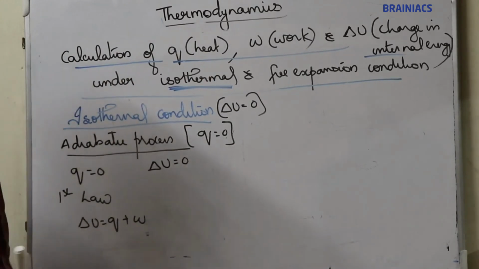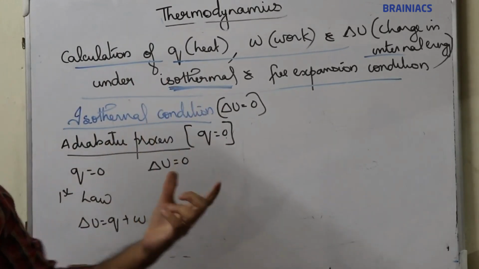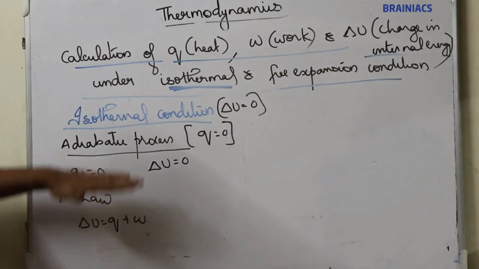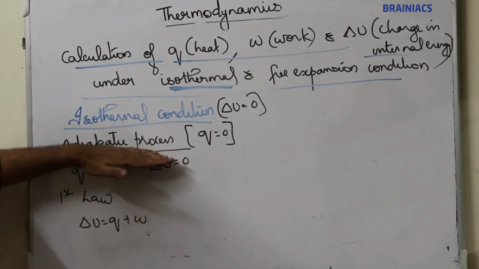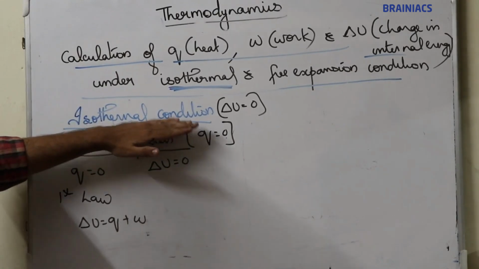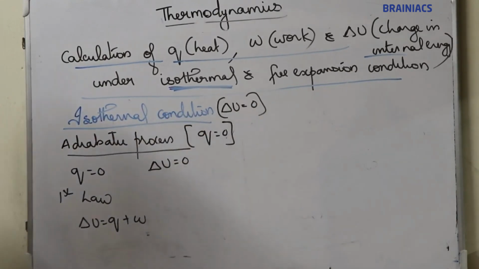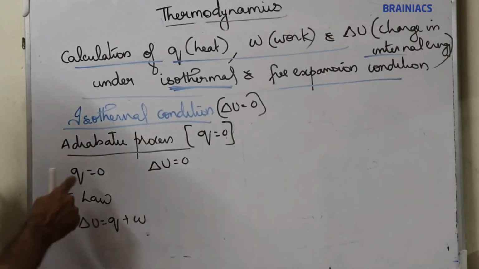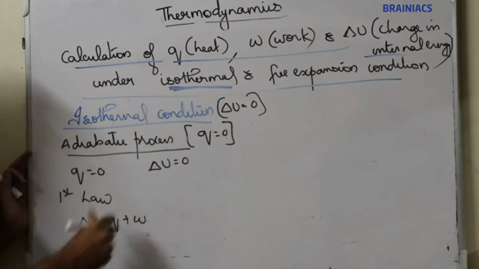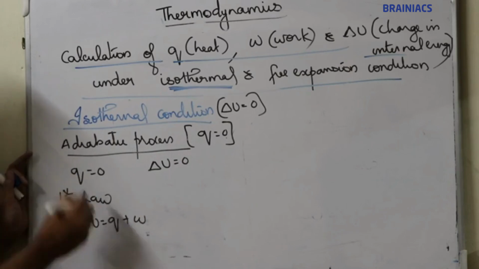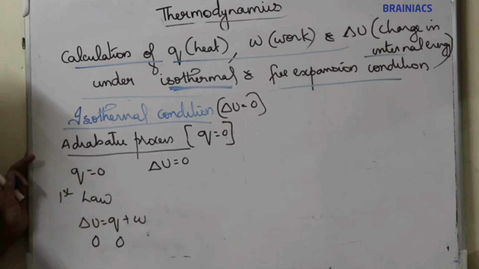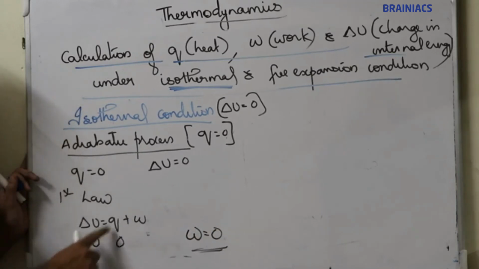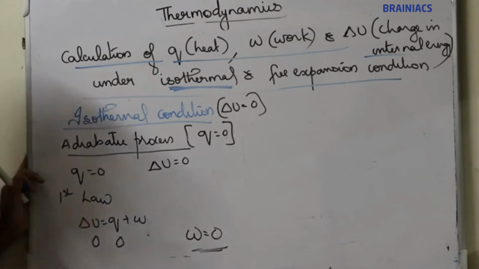Just before this we considered reversible and irreversible process under isothermal and free expansion condition. Now we are considering adiabatic process under isothermal condition. Isothermal condition means delta U is equal to 0. Adiabatic process, Q will be equal to 0. So according to first law, these two values are equal to 0. So obviously W will be equal to 0.